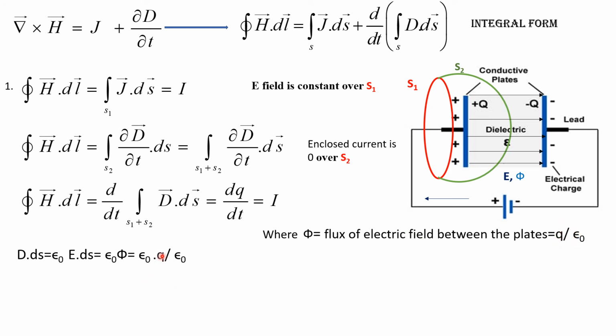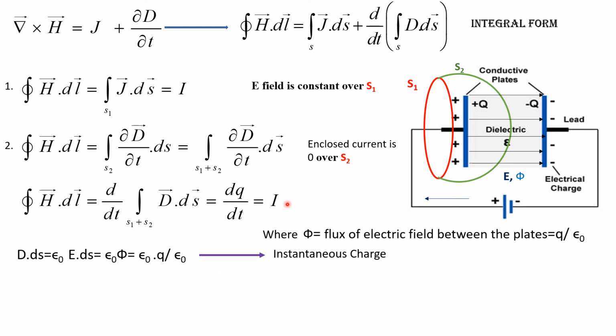Putting in this value, we get the total charge. Substituting the total charge, we get dQ/dt, that means I. So it is the same current. Whenever we take the line integral over surface S1 or surface S2, it produces the same quantity, with this logic physically, and we can get this term.